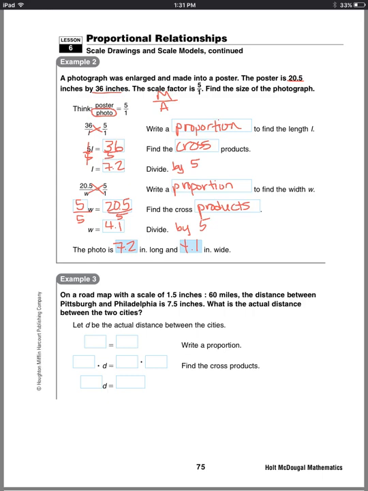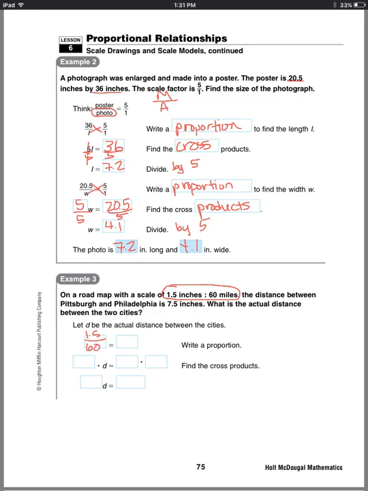Last problem. On a road map with a scale of 1.5 inches to 60 miles, the distance between Pittsburgh and Philadelphia is 7.5 inches. What is the actual distance between the two cities? Okay, so we have the following information. We have that this is our scale factor, so we're going to write that out just as it is, 1.5 over 60.